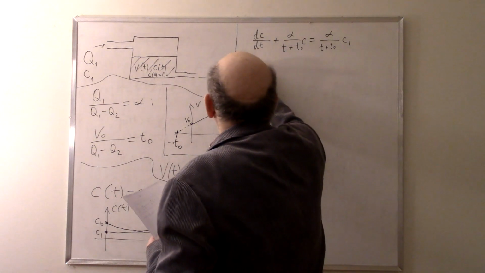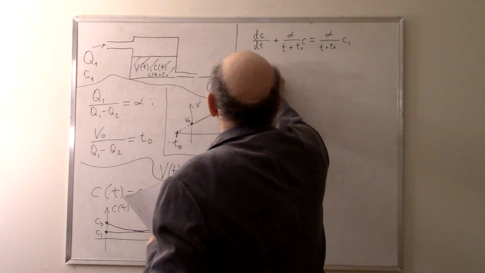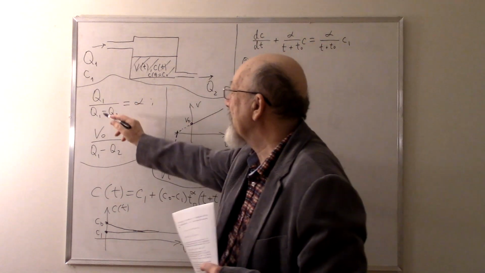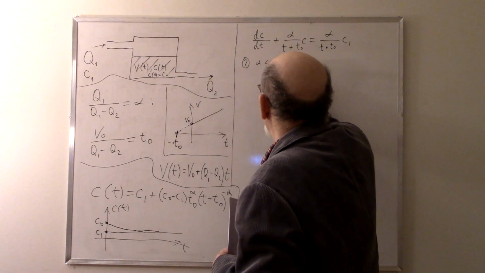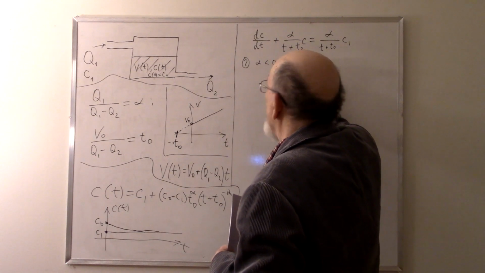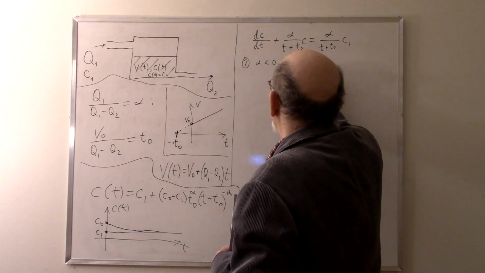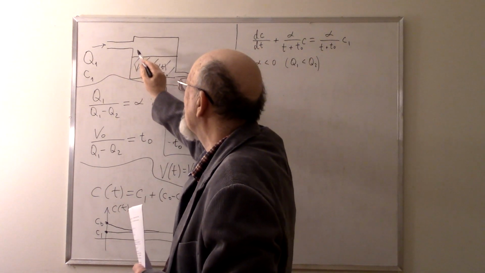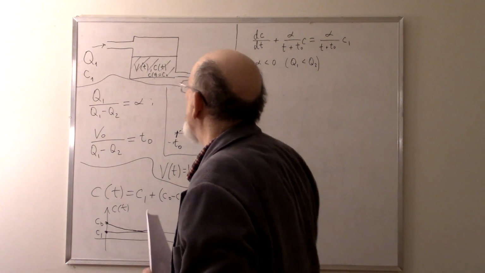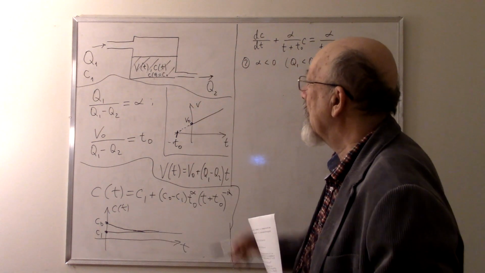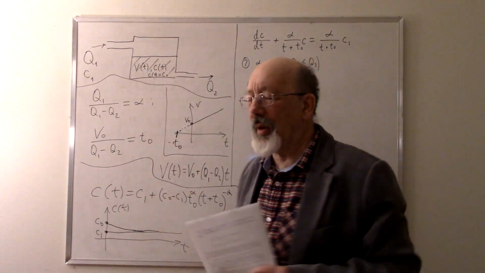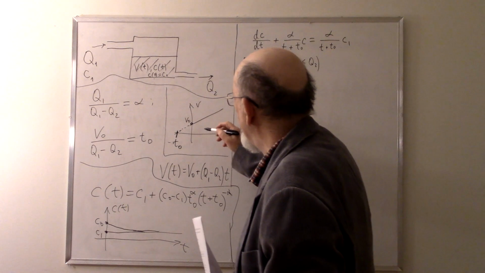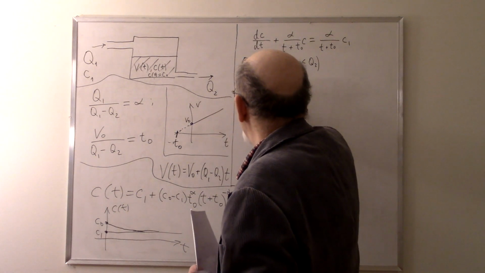And consider the case when alpha is less than 0. So alpha is this, this happens when q1 is less than q2. Yes, in this case less liquid enters than goes out, so the level is going down, and we have a function like this.